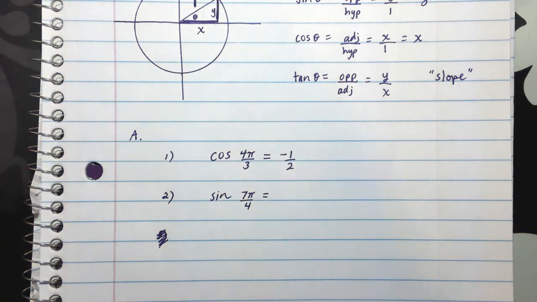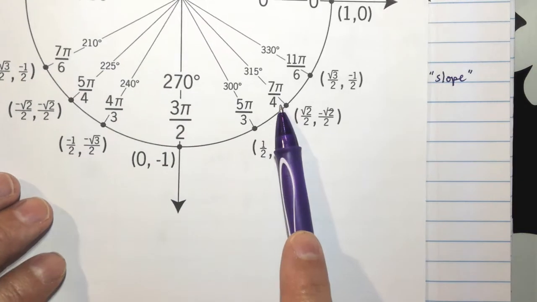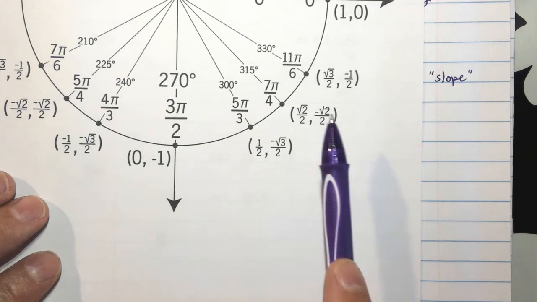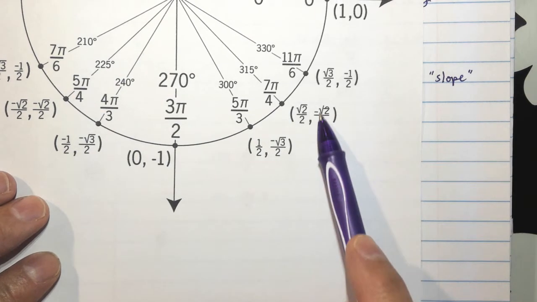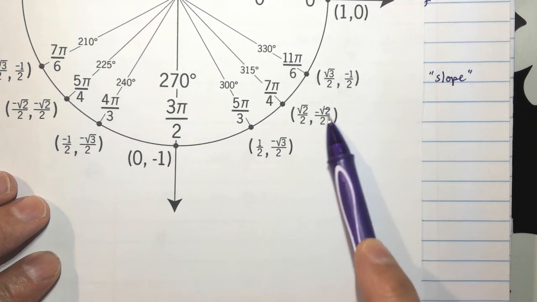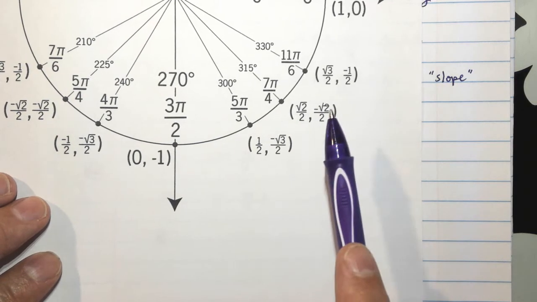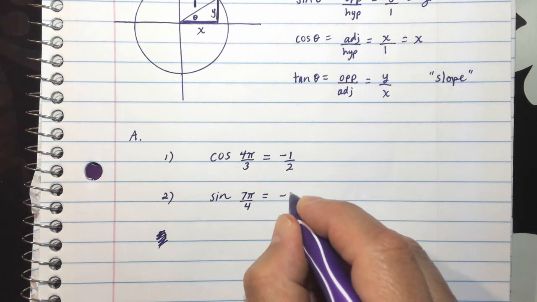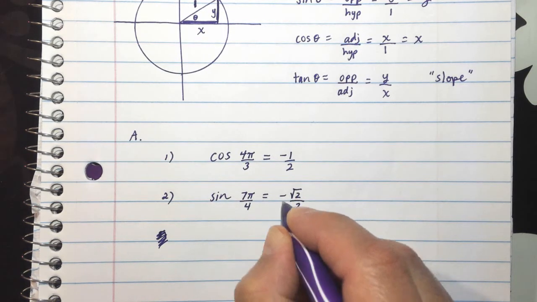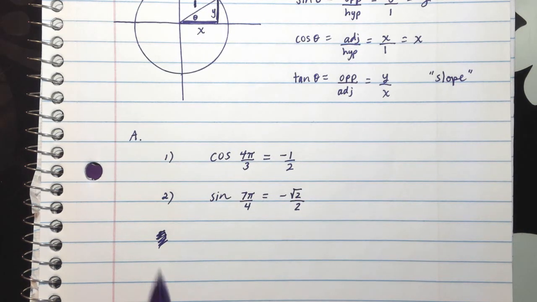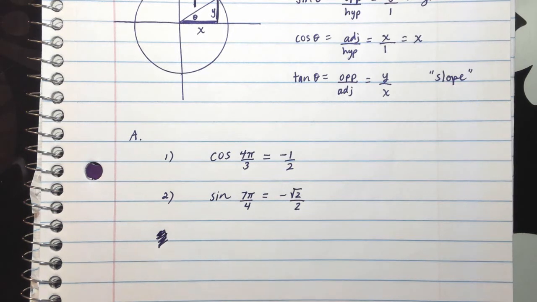Sine of 7 pi fourths. So you find 7 pi fourths, and sine is y. Negative radical 2 over 2. If you forget the negative sign, yes, it is wrong. So, Part A, real easy.